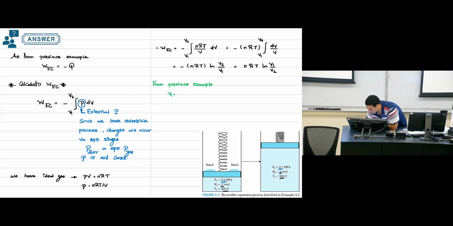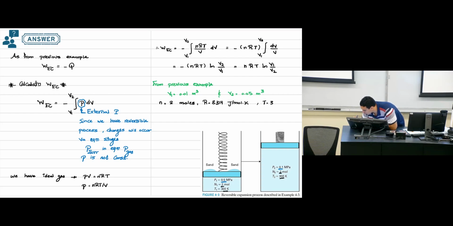V1 is 0.01 meter cube and V2 is 0.05 meter cube, and the number of moles given here is 2 moles. We have R, 8.314 joule per mole Kelvin.